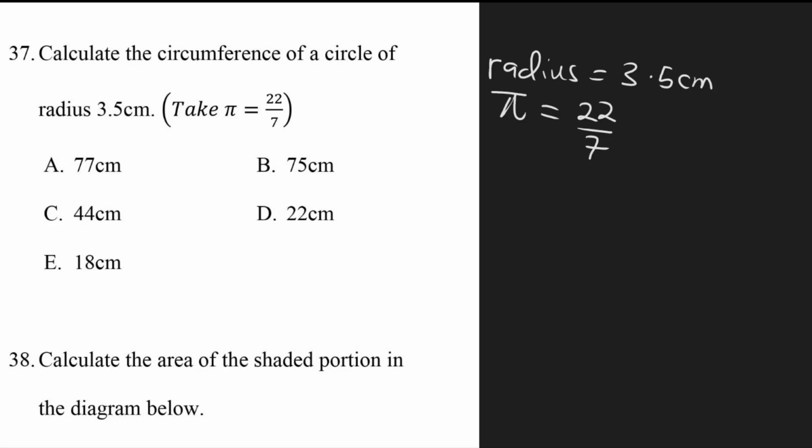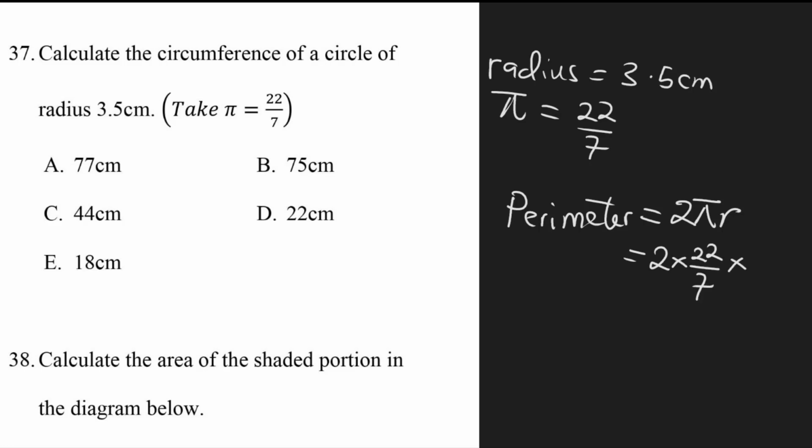So what is the formula for calculating the perimeter of a circle? Perimeter is equal to 2 pi r. Can you see? 2 pi r. So let's substitute it now. We have 2 times what is our pi? 22 over 7 times what is our r? 3.5 over 1.